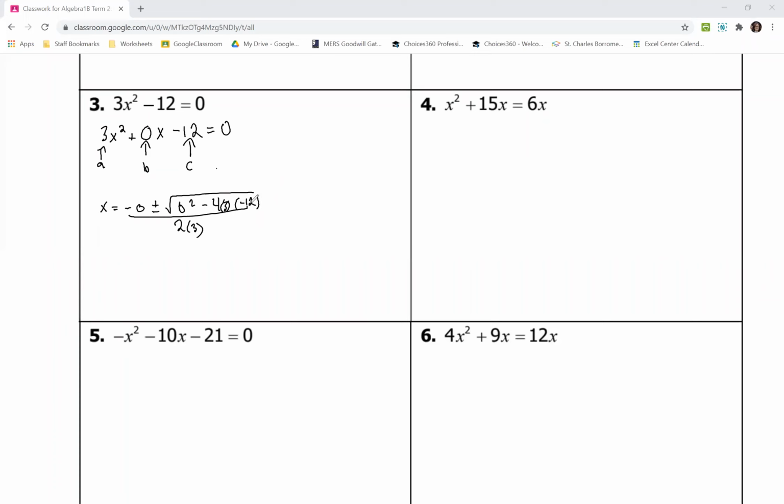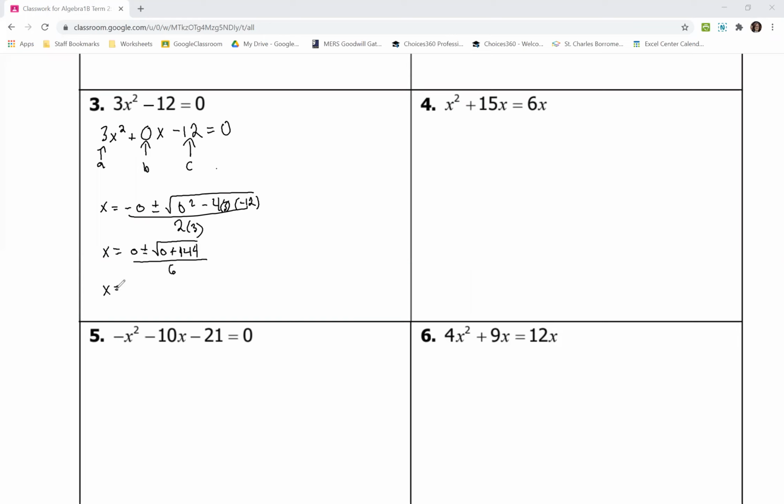All right, so here we end up with x equals, well, this is 0 plus or minus the square root of 0 minus 4 times 3 times negative 12. Negative 4 times 3 is negative 12, and negative 12 times negative 12 is a positive 144, all over 6.